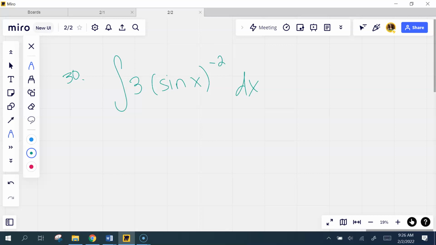So what should I let u be? If I let u be sine x, let's just say I went, I don't know. If u is sine x, that means du is cosine x. I can't get a cosine x in there, can I?